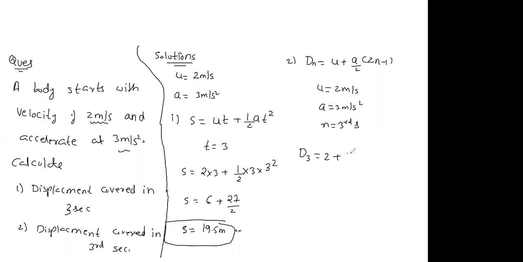U is 2 plus acceleration 3 by 2, into 2 into 3 minus 1. So d3 is 2 plus 3 by 2, into 6 minus 1 is 5. So d3 is 4 plus 15, 19 by 2, 9.5.